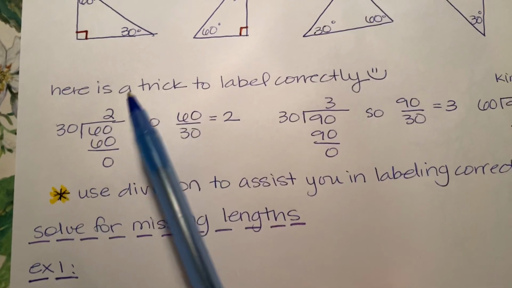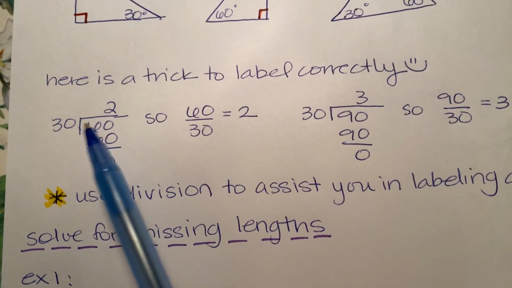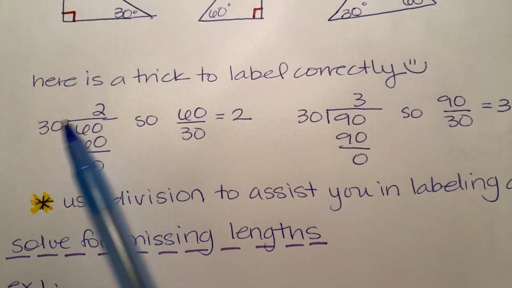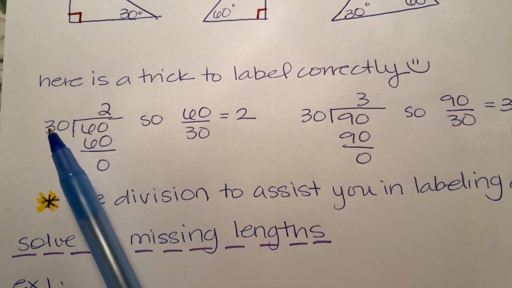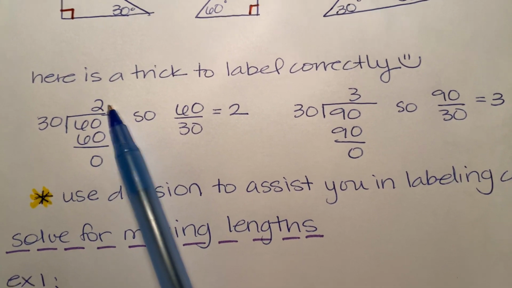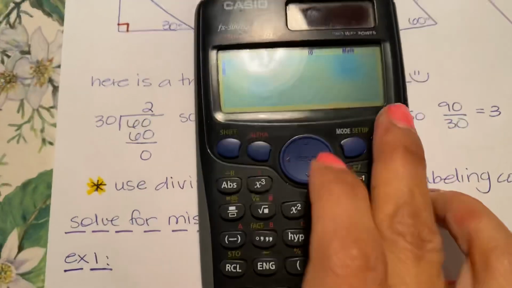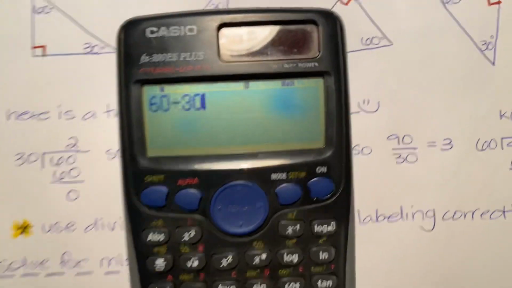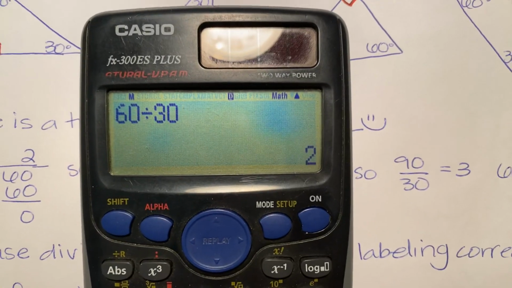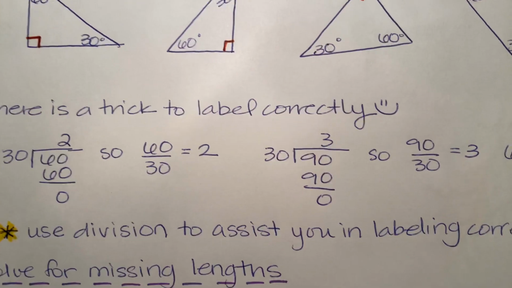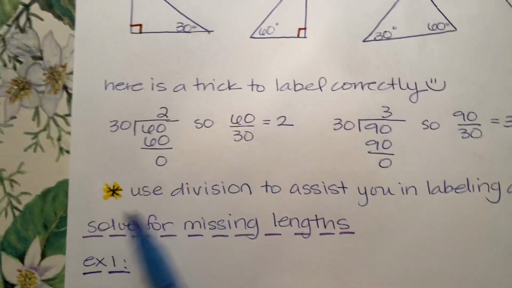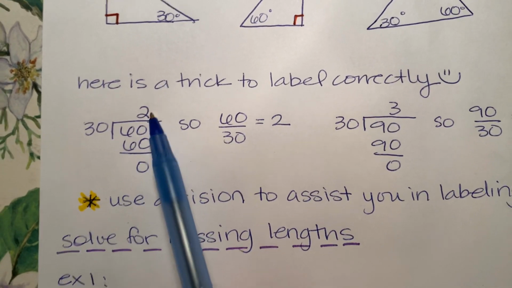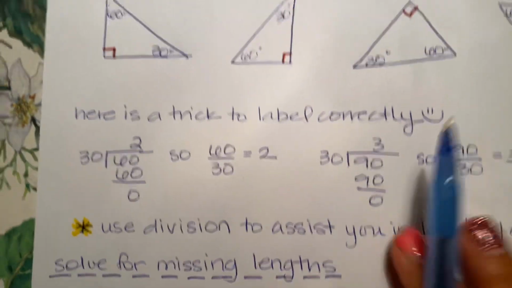Here's the trick. If you divide 30 into 60, you get 2. If you ever want to know how to do something, ask yourself, what do you know? 60 divided by 30 is 2. So 30 goes into 60 two times.